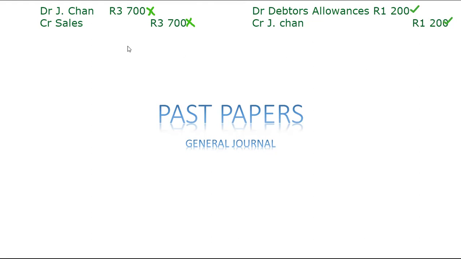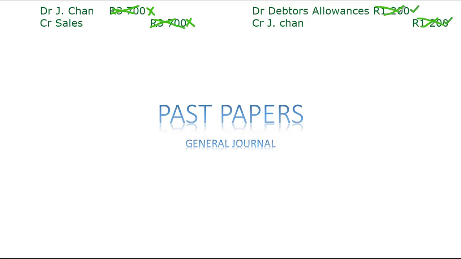I have simply corrected the error. That is awesome. And by so doing, you will notice that they just cancel each other out. So now the 3,000 for J. Chen will be cancelled with that, which is 0, and the 3,000 that increased sales will be cancelled with that.